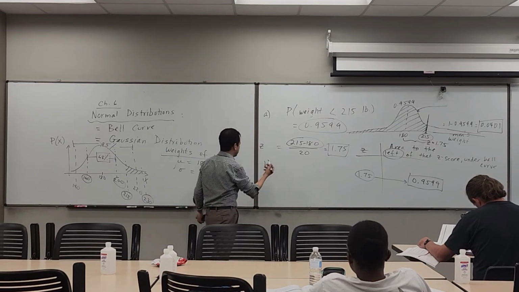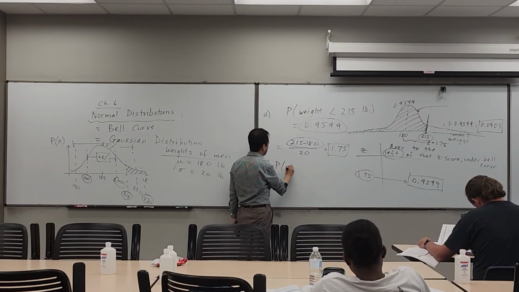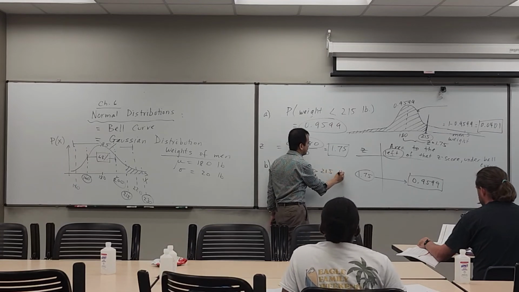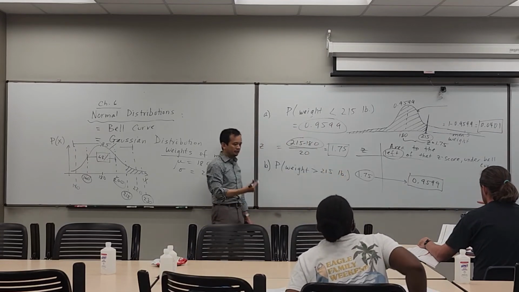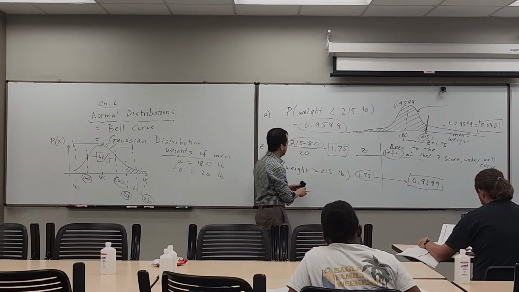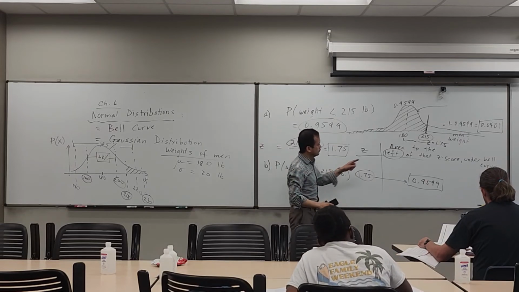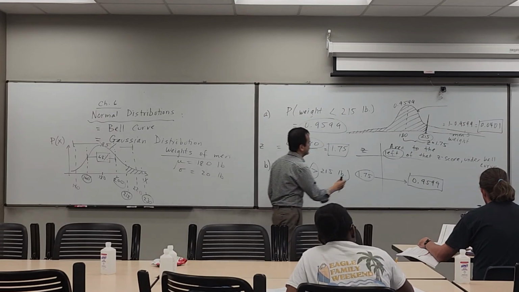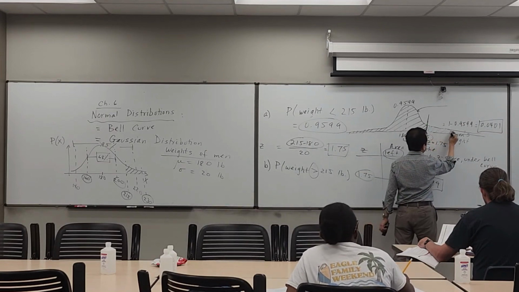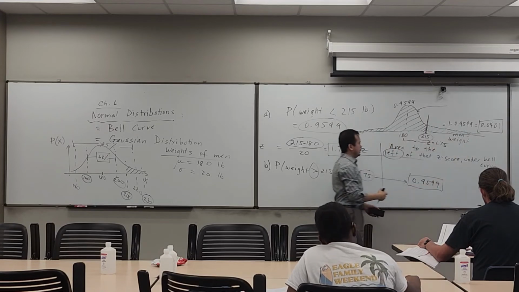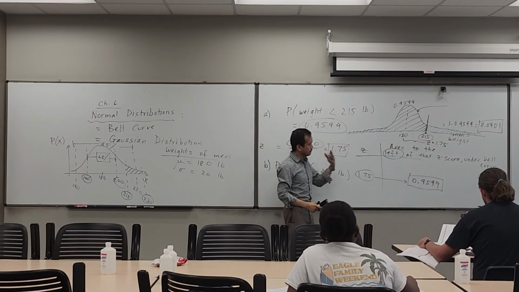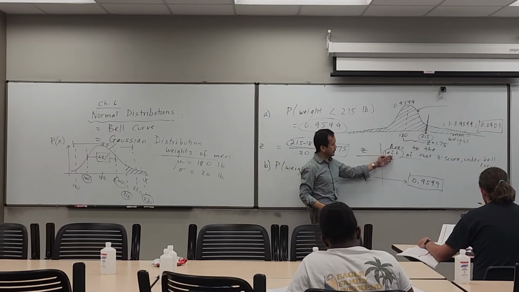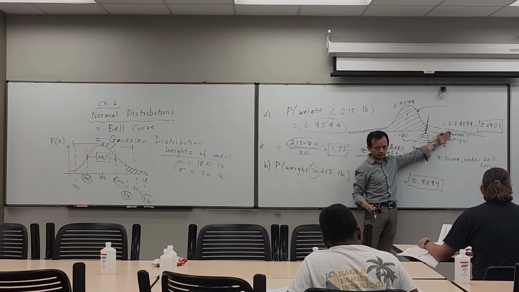Okay, the next related question is, what if we wanted the probability of a weight being greater than 215 pounds? We answered that already. Greater than is equivalent to finding the area to the right under the bell curve for that data point. If we hadn't just done that, you would go through the motions of finding the z-score, using the chart to find the left area, and converting it to a right area by subtracting from 1.